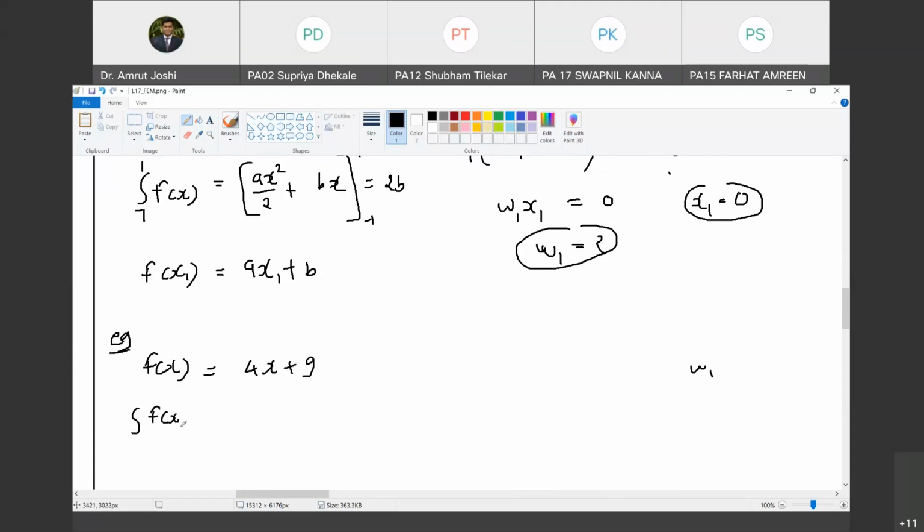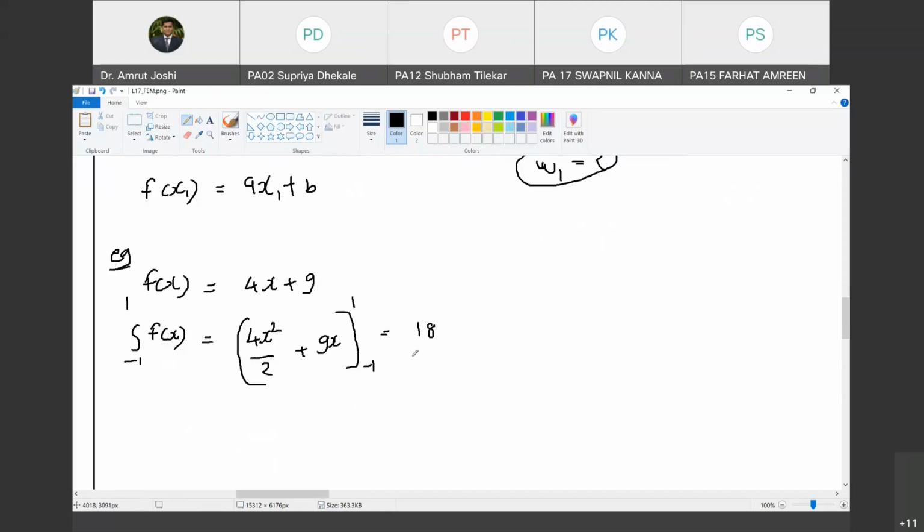Integration of 4x is 4x square by 2, plus 9x, and this integration will run from -1 to 1. Happy? Yes. So from -1 to 1, the even power term vanishes and the odd power term becomes twice. So it is 18. Do you agree with me?